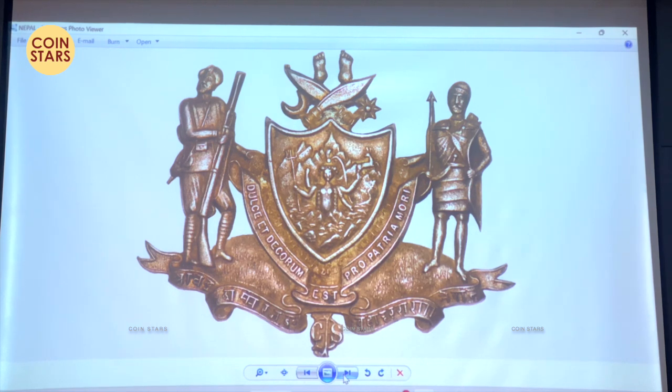This is not from India, this is of Nepal. This is a kukri, famous for Gurkhas. Mataji's feet, and one holding the rifle, one holding the bhala, and a slogan in Latin.